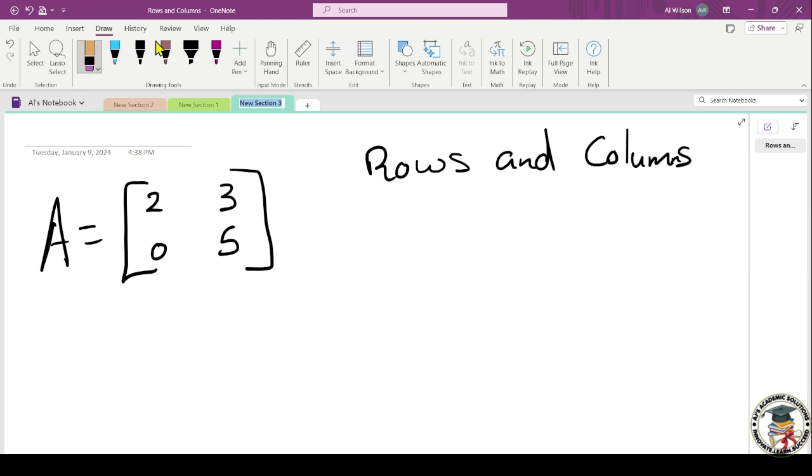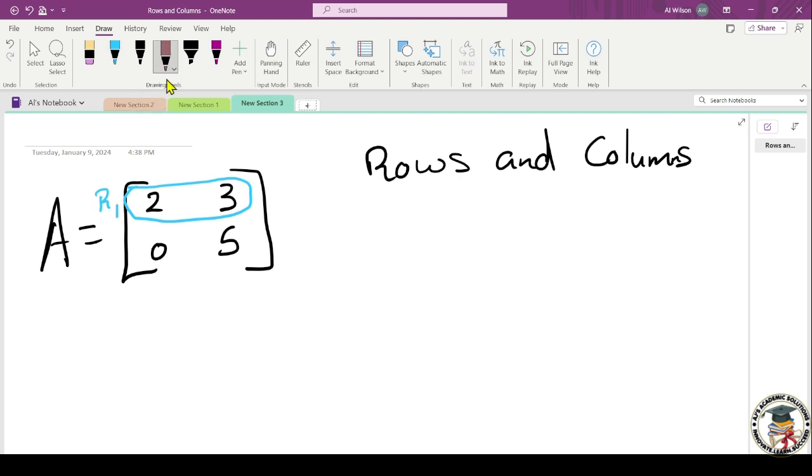So when you look here at what A is, and if we go across here, that is a row, meaning we would call this row 1. Notice I'm just using a capital R with the subscript 1 here. So that's my row 1.